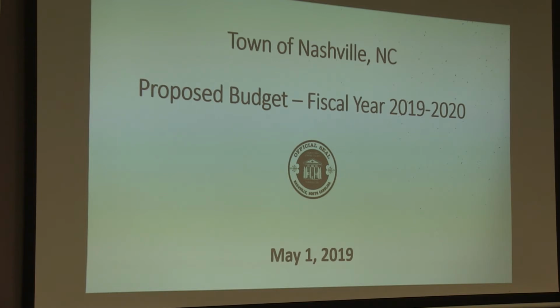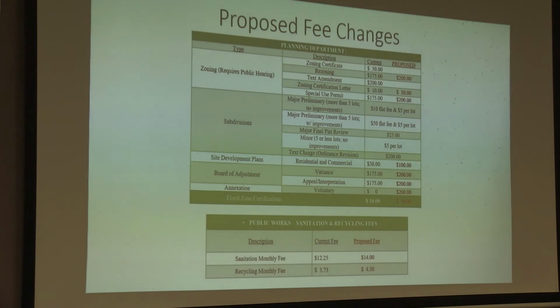In summary, my proposed budget contains no increase in taxes. The current rate of 58 cents is my recommendation that it not change. There are nominal fee increases proposed for some zoning fees in the planning department and the sanitation for recycling and sanitation or tipping fees.